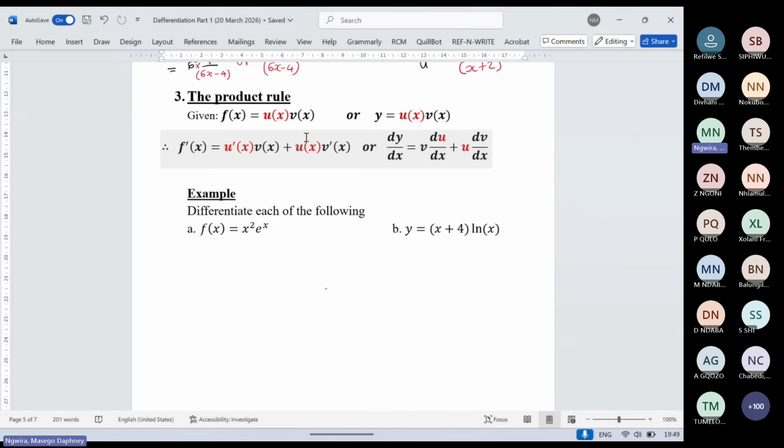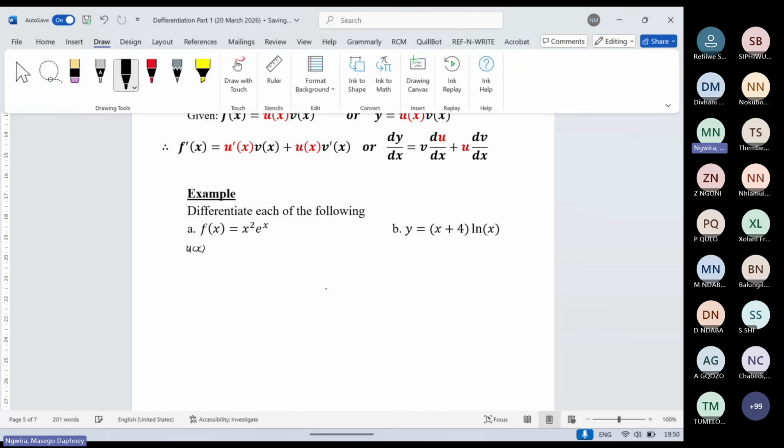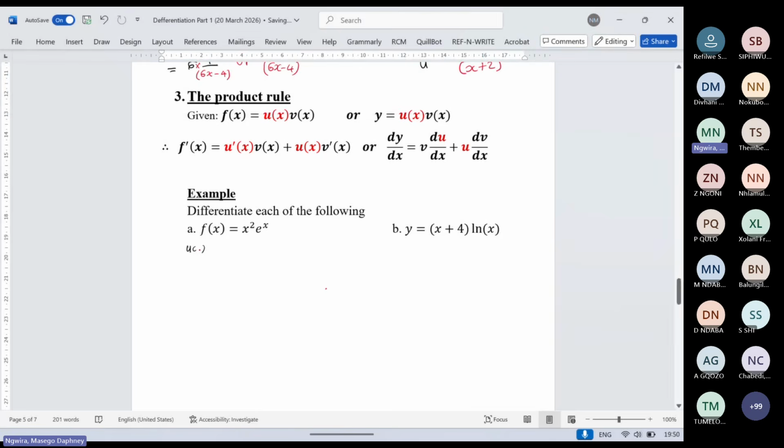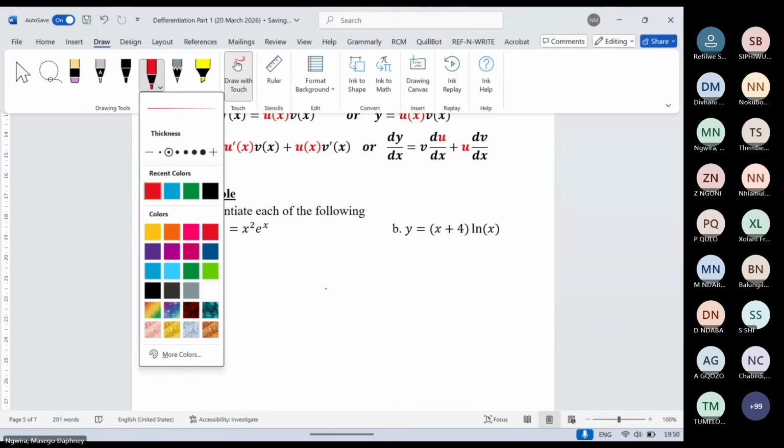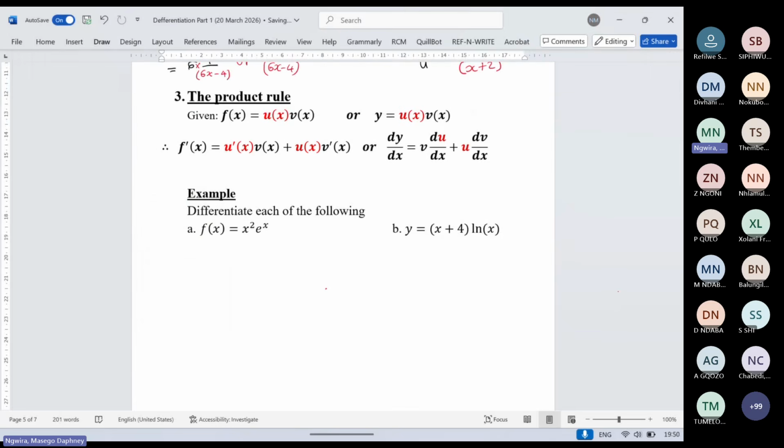So this is just straightforward. When you are differentiating, you can write everything in its exponents. It means that I must have u(x) and v(x). So I'm just going to say my u(x) in this case is going to be x squared.